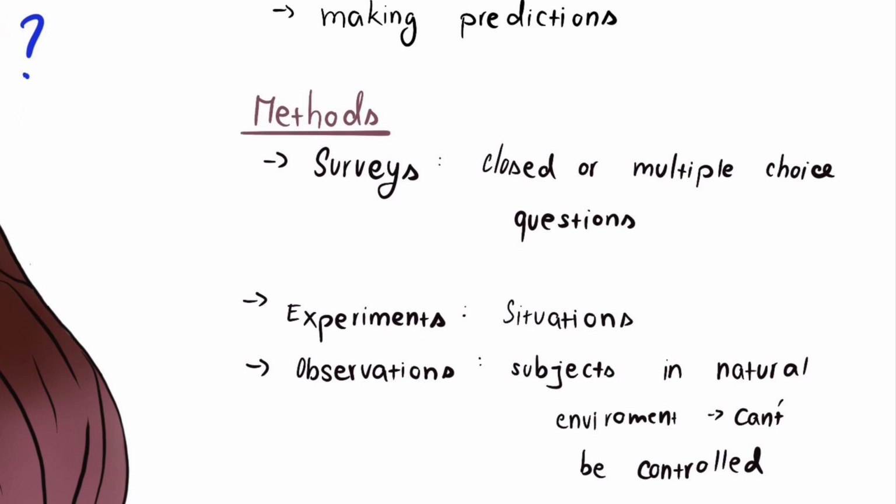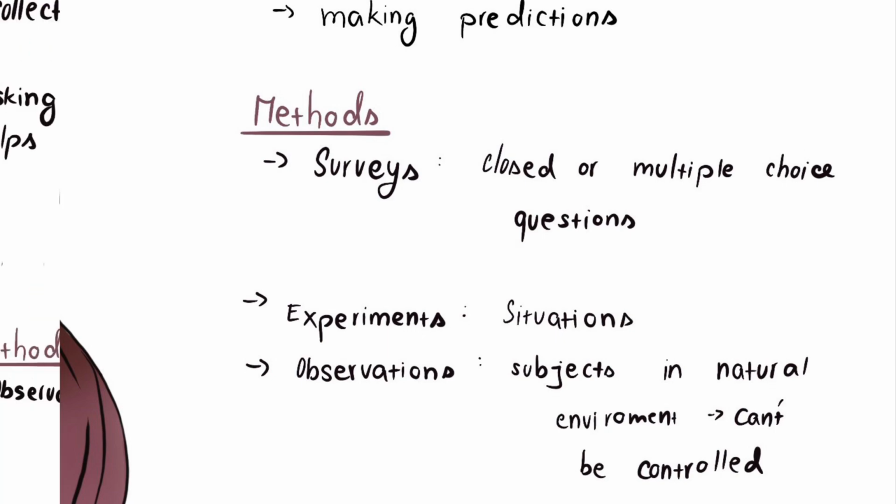Surveys are a list of closed or multiple choice questions that is distributed to a sample, online, in person, or over the phone. Experiments are situations in which different types of variables are collected and controlled or manipulated to establish cause and effect relationships. Or observation, where the subject is in a natural environment where the variables cannot be controlled.